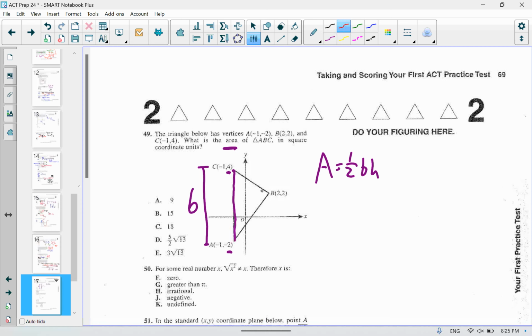And another nice thing is I could just find my base by staying on the y-axis of 2 and going to the shared x value of -1. So that's -1, 2. And looking at it, I'm just going to compare the x values in this case, -1 to 2, so I can tell that that is a total of 3 units. So 1/2 times 6 times 3 would give me 9 for my area.